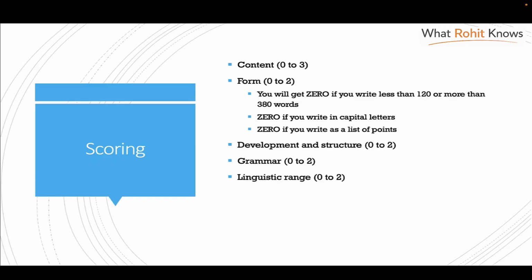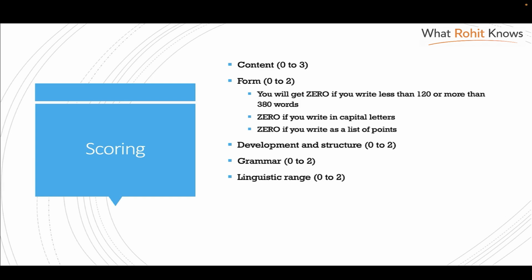Linguistic range, 0 to 2. So by linguistic range, it means that you should be able to use the language that is required to address everything that you want to say. For example, if you want to do a comparison, you should be able to frame your sentences like that.